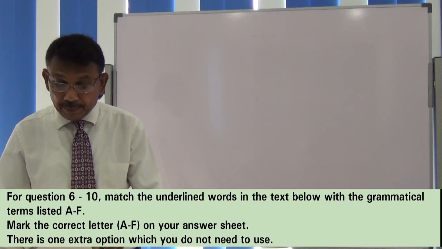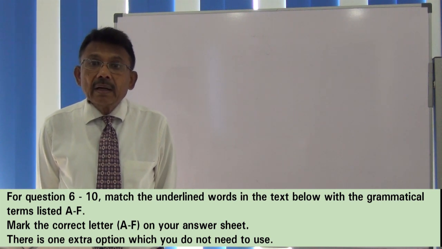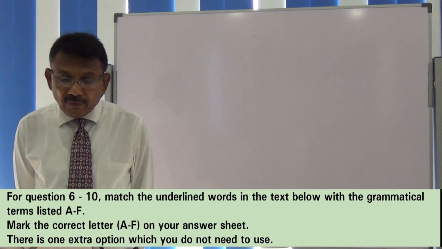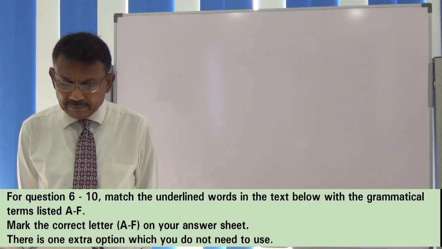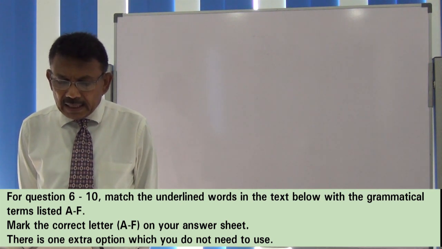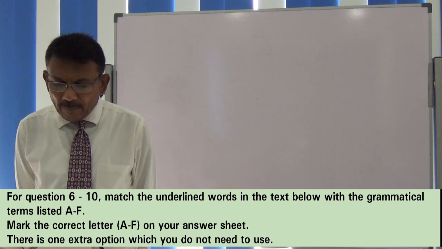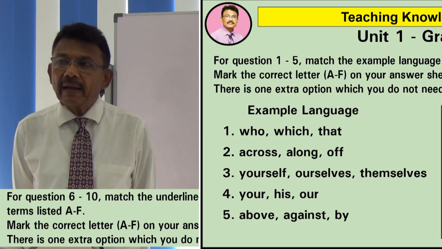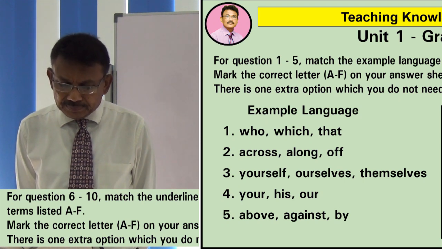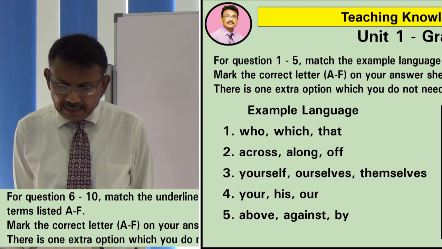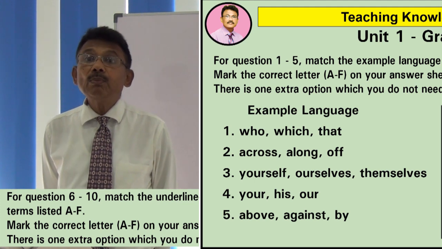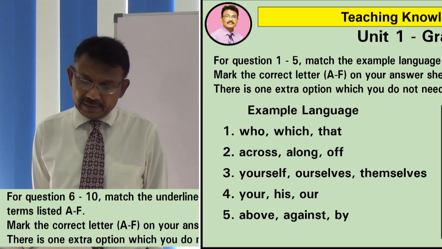Look at your question paper. Read it carefully. For questions 6 to 10, match the underlined words in the text below with the grammatical terms listed A to F. So there are some grammatical terms A to F, and there is a paragraph with some words and phrases underlined.